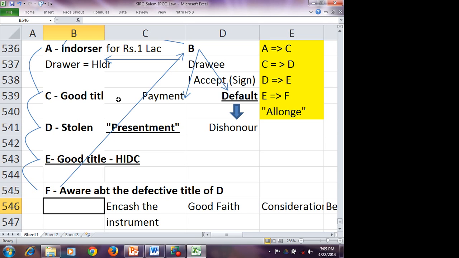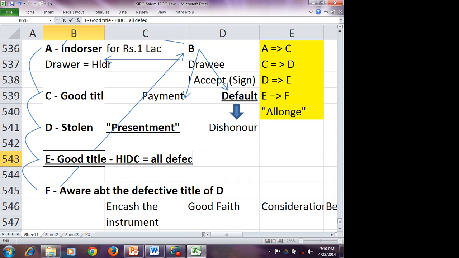So F, you can keep it as a hero introduction. Any person who gets the instrument from E, a holder in due course, also gets a better title, because insulting F is as good as insulting E. The moment the instrument passes through E, who is a holder in due course, all defects are said to be cured.